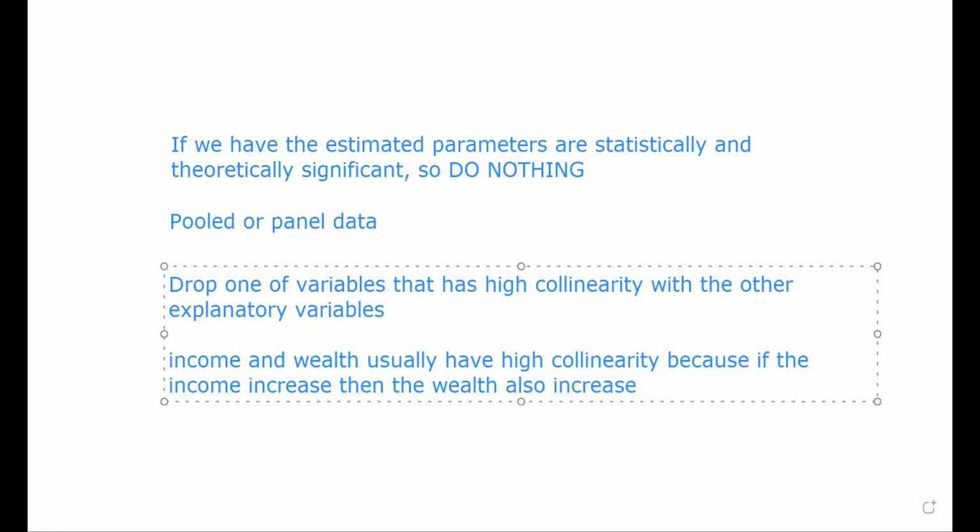This is normal. If your income increases, your wealth will increase also.